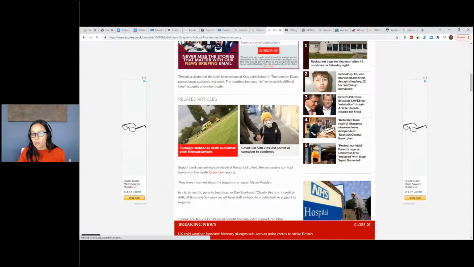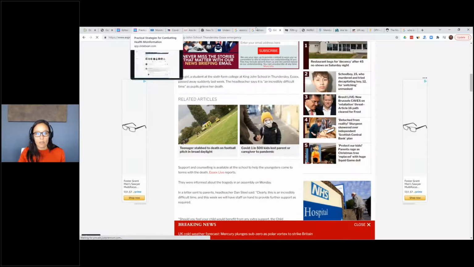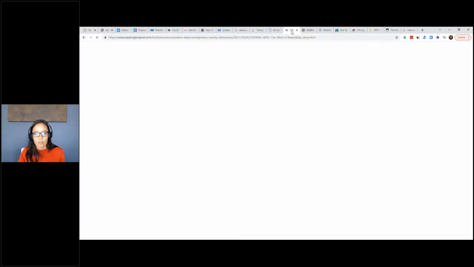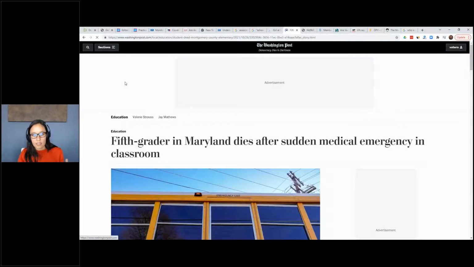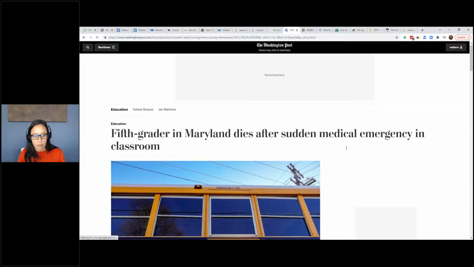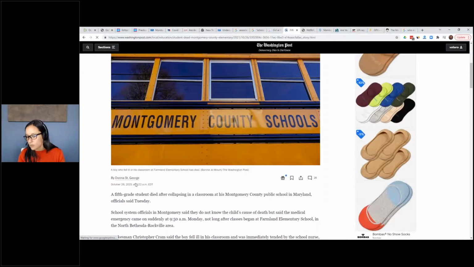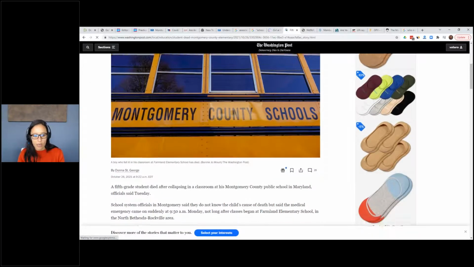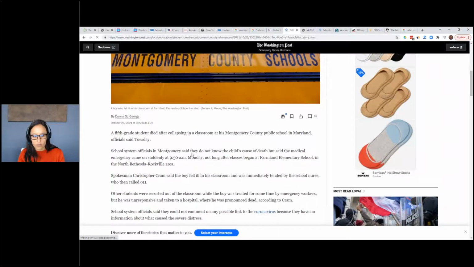But the meme made it seem that it was. Same thing with the fifth grader, the Washington Post story. Here's that title: fifth grader in Maryland class dies after a sudden medical emergency in classroom. This was October 26th. And it says that school system officials do not know the child's cause of death.